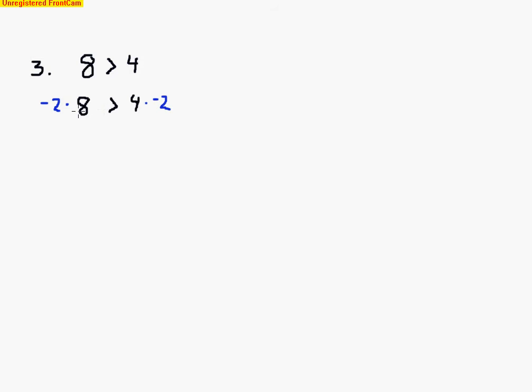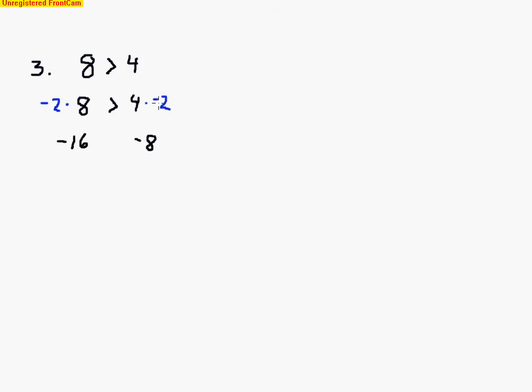If we multiply these two numbers, we end up getting negative 16 on this side. And here, when we multiply these two, we get a bigger number. We get negative 8. See, when you multiply by a negative, a bigger number to start with becomes a lot smaller because the sign switches to a negative. 2 times 8 is 16, but it's a negative 16 because we have one negative.